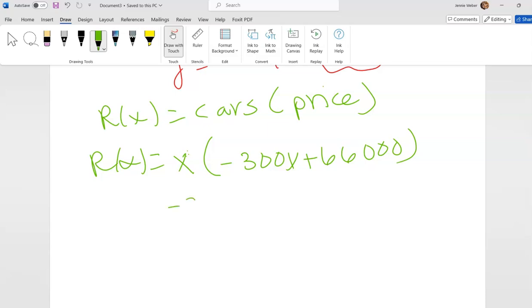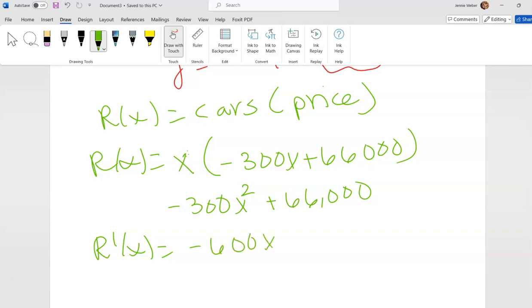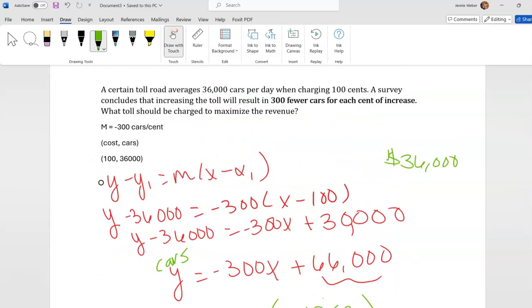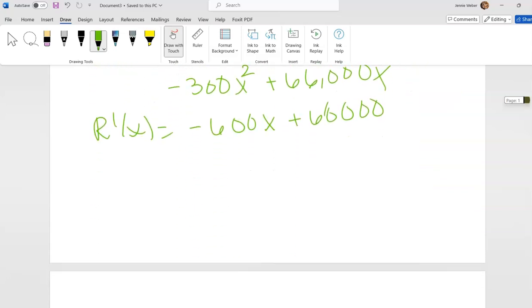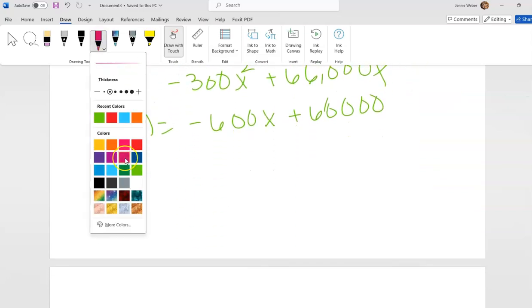Now I'm going to distribute before I go any further, just to make it easy to take the derivative. So I get negative 600x plus 66,000. Now I want to know when this is at a maximum, what's this price?